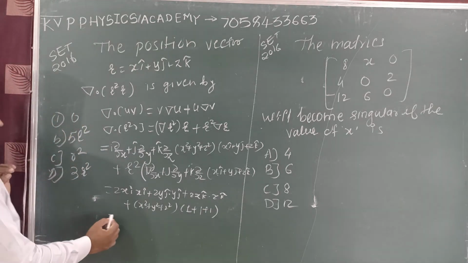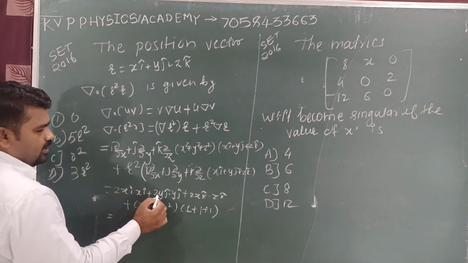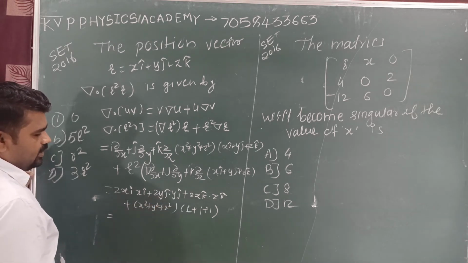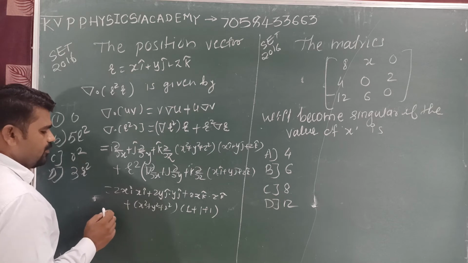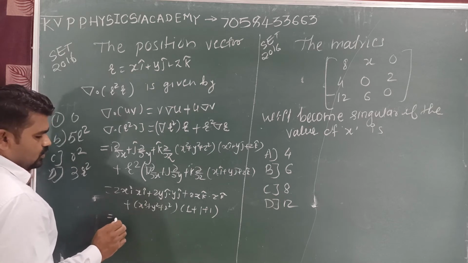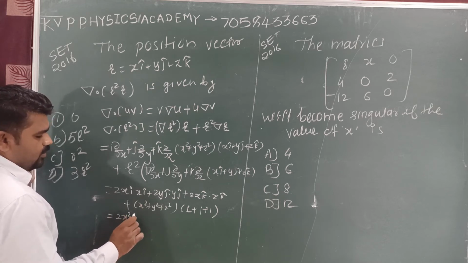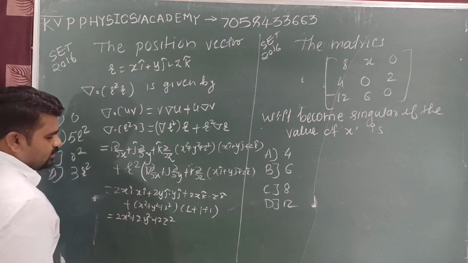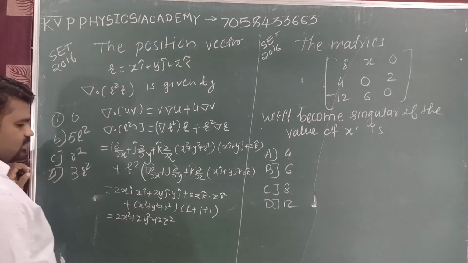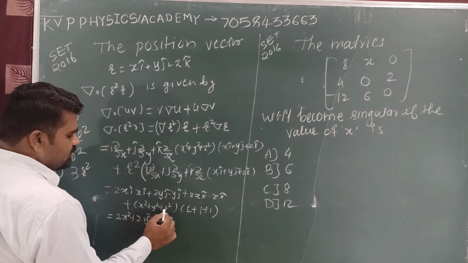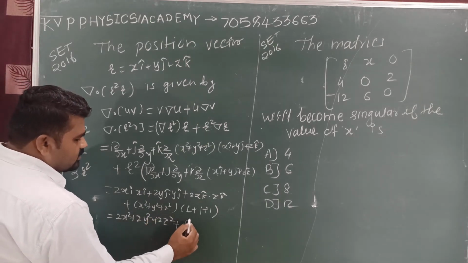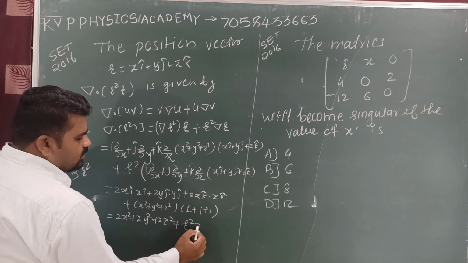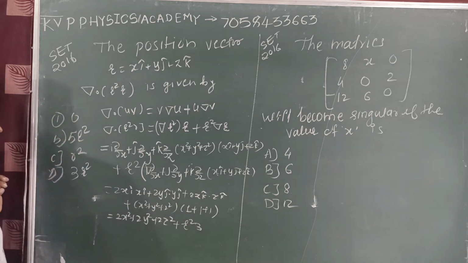Next, see here, x into x, 2x square plus 2y square plus 2z square. Okay, and here x square plus y square plus z square is nothing but r square. 1 plus 1 plus 1, 3.